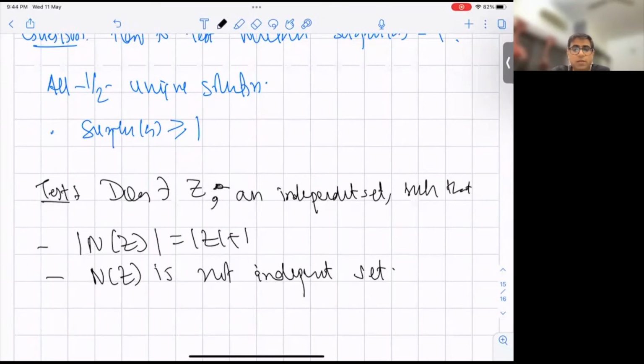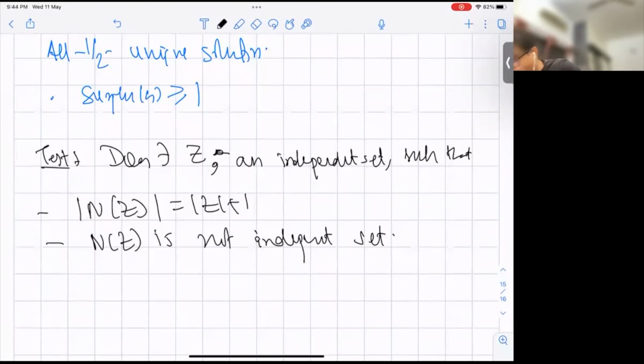What do you think could be the test? So let's ask ourselves the following thing. Suppose such a set exists.